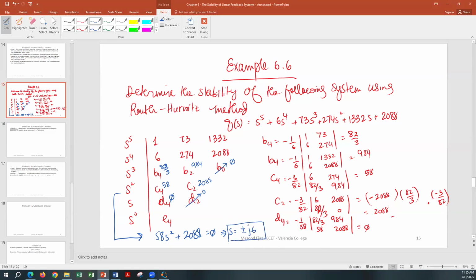That will make the system have two poles at j6 and negative j6, and the system is going to be a marginally stable system.